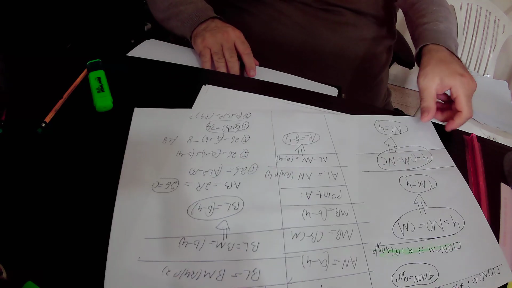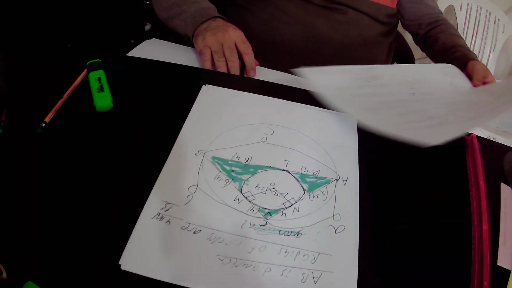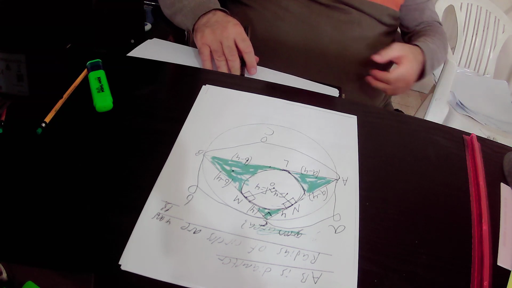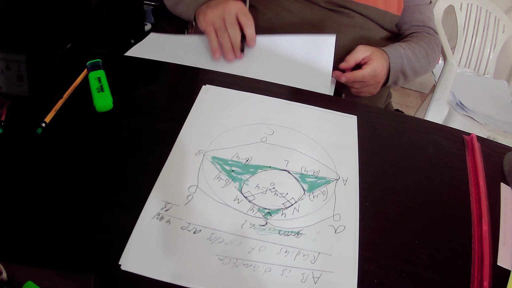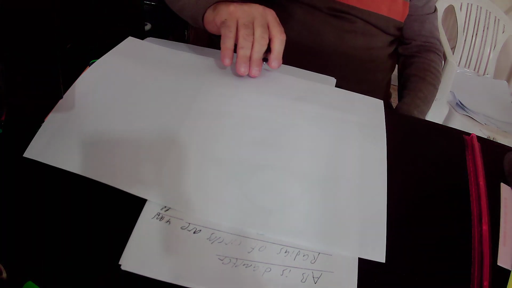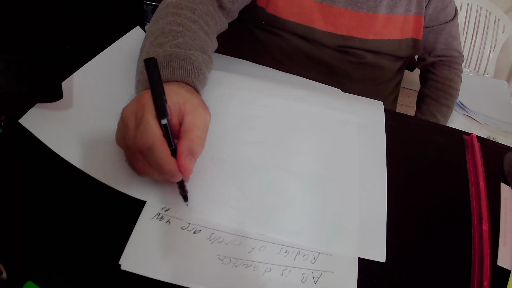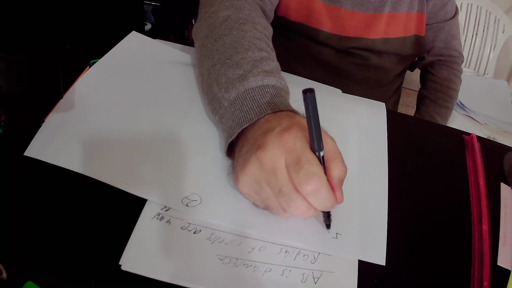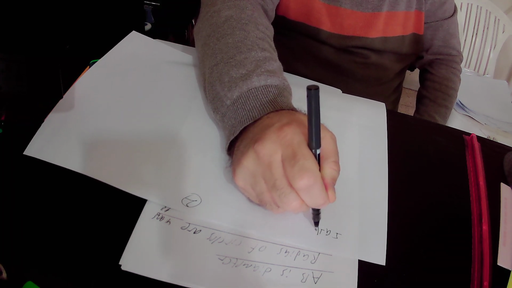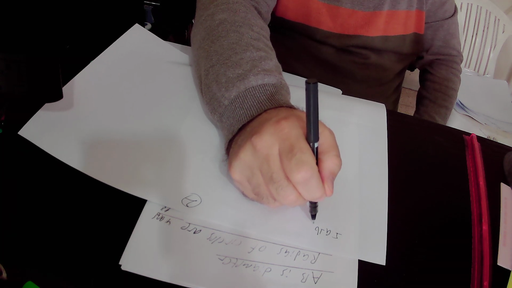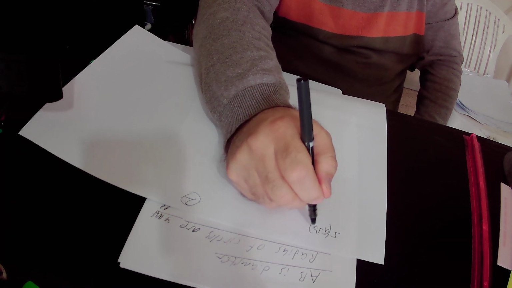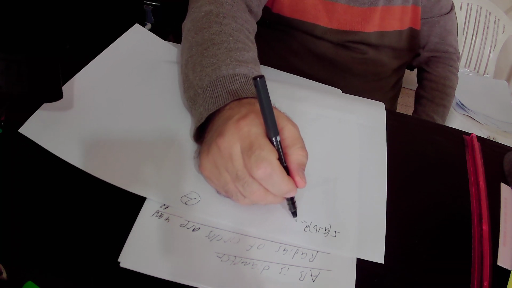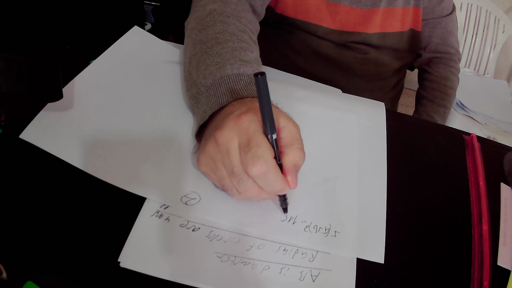So here, according to equation number 1, we found out that A plus B squared equals 34 squared. 34 squared is 1156.